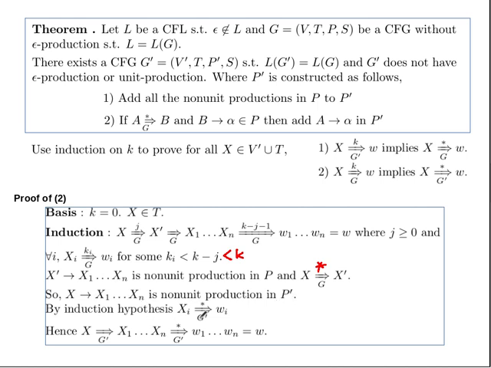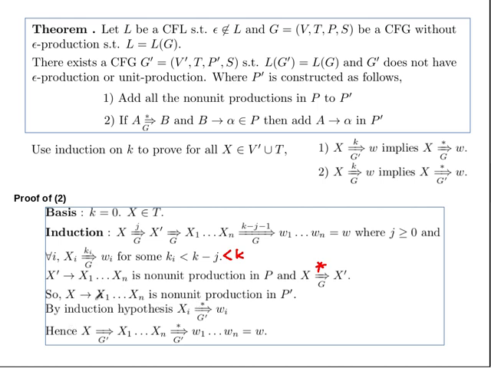So by induction hypothesis, from here we have that this also happens in G prime. So this xi derives wi in G prime, and then we can club everything together, right?